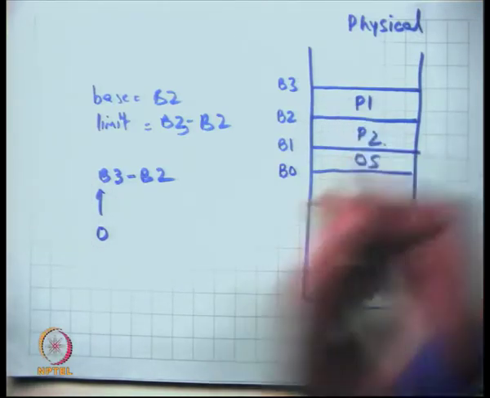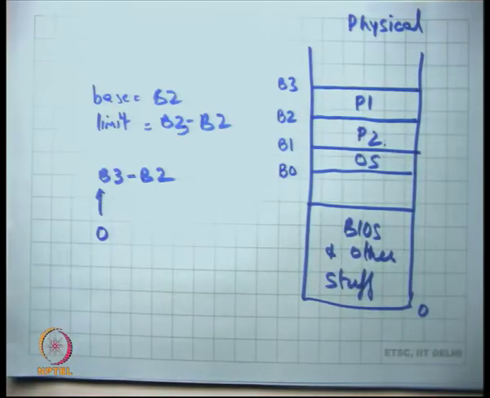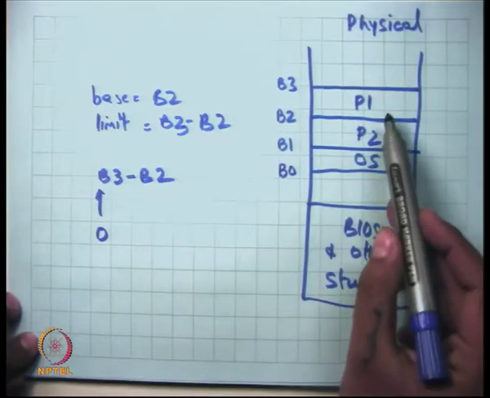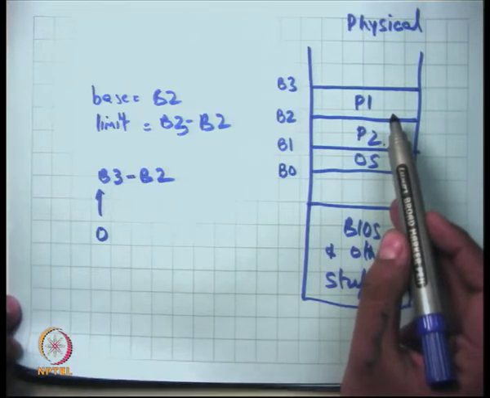So the process will just use 0 till some limit, and the hardware is going to convert it to the appropriate physical address. Assuming certain things, a process will never be able to access anything outside this region.